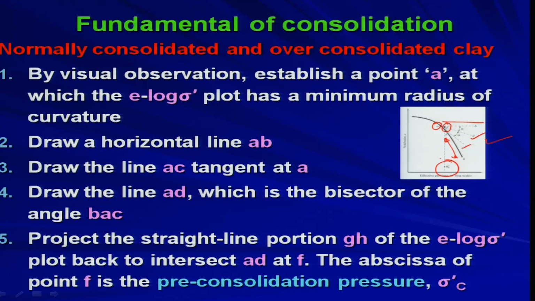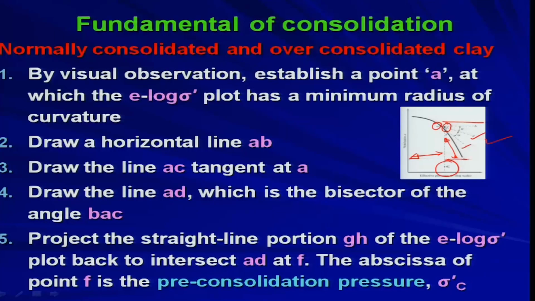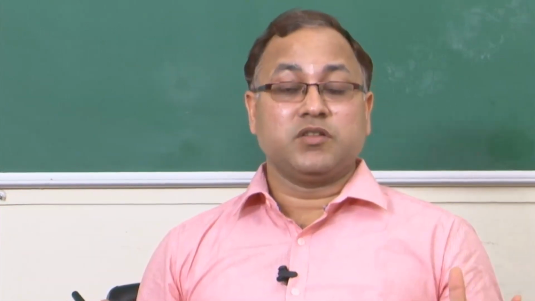So, what does it mean? If your applied pressure is less than sigma c prime, the soil will be behaving as over consolidated soil. If you cross this limit and move in this direction, that means your applied pressure is greater than sigma c prime, and the soil will be behaving as normally consolidated soil. I hope you have understood.